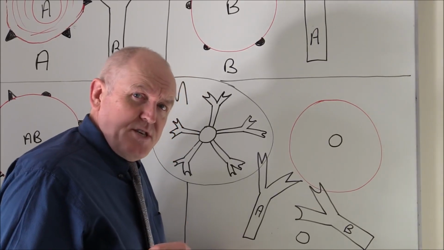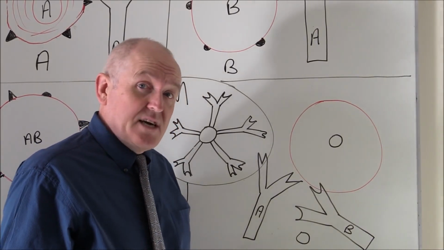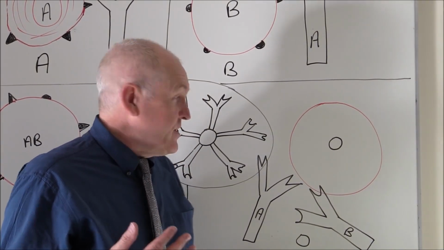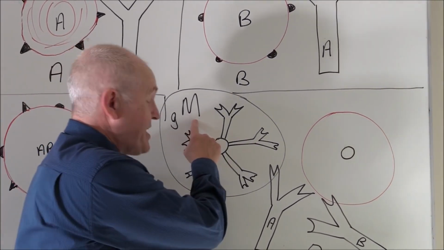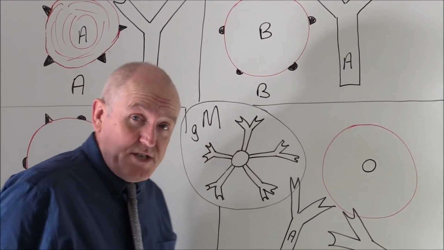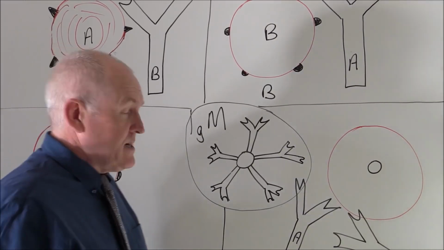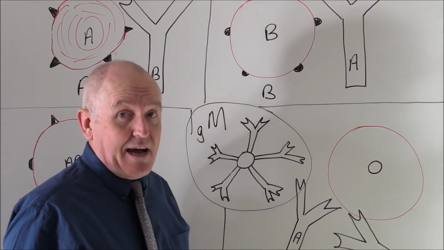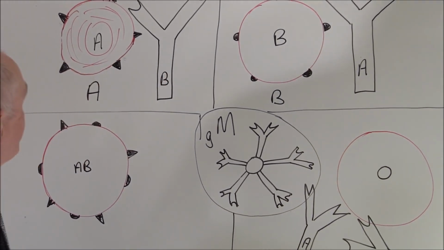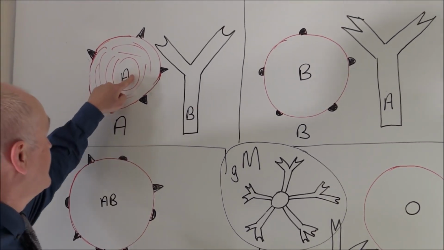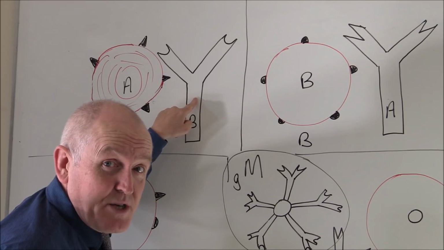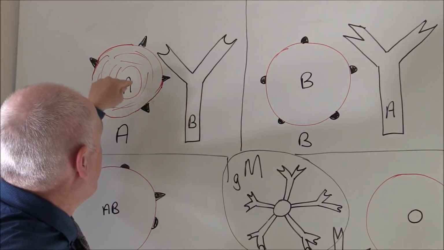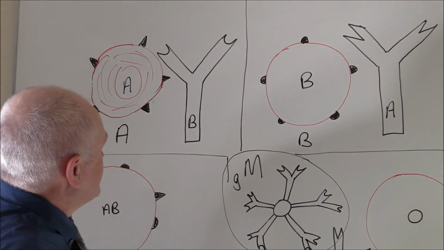And these antibodies are described as being naturally occurring. So you're going to have these type of IgM antibodies in the plasma to any of the ABO groupings that you don't have. So blood group A is going to have the antibody B in it because there's no B antigens.